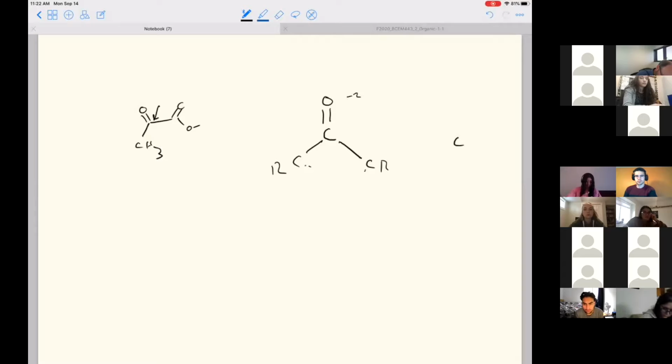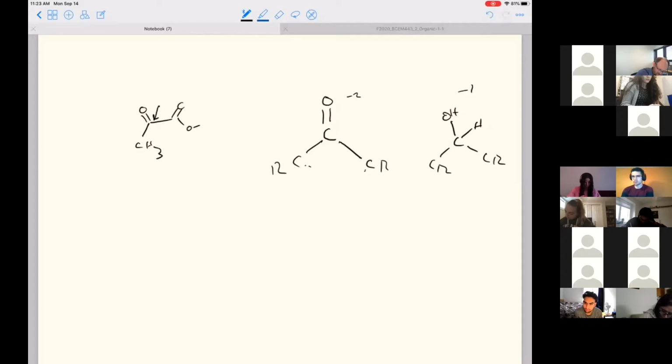And in this particular case, when you convert it into a lactate, these are still CR, except we have 1 bond to an oxygen and 1 bond to a hydrogen. So in that particular case, we have -1, right? Does that make sense? The hydrogen is less electronegative than the oxygen.